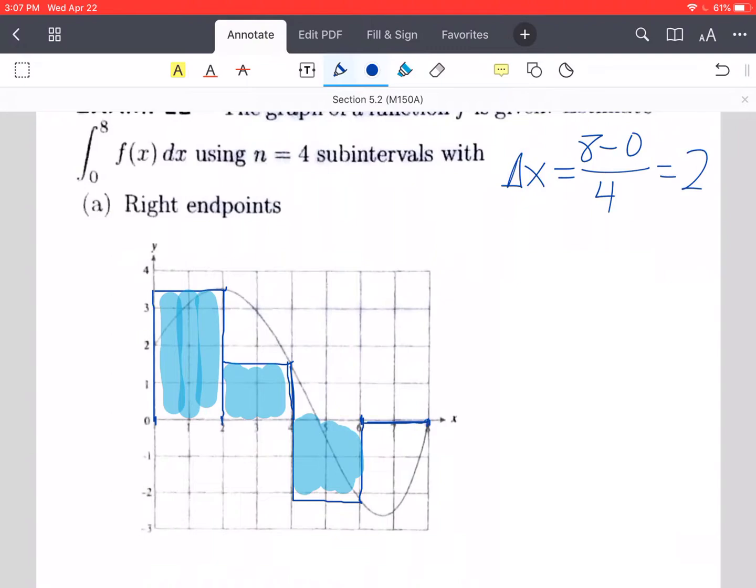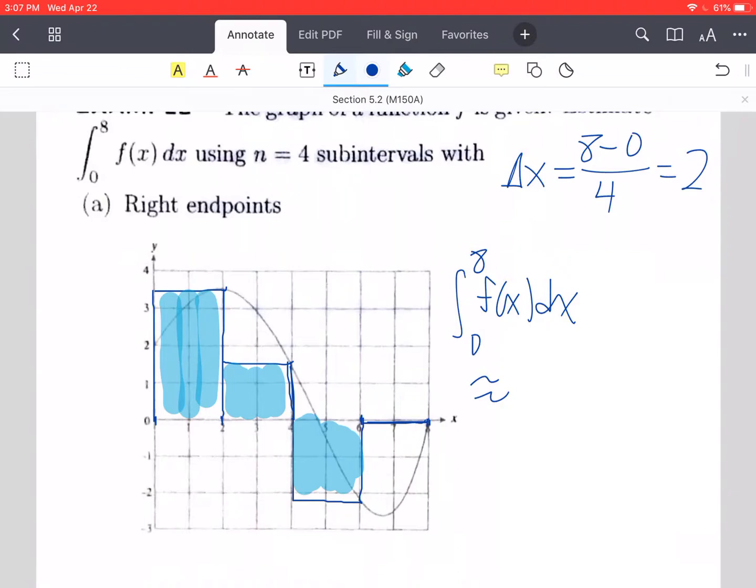So we can go ahead and approximate. So the integral 0 to 8 of f of x dx is approximately equal to, so we can just kind of guesstimate at the heights here because it doesn't give us an exact picture of what's going on, but it's going to be height times width.